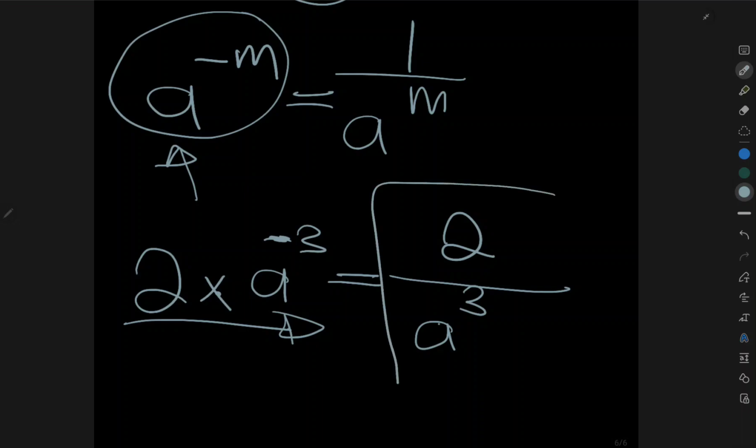So keep in mind, you're probably going to use this more often because in many cases, as I've already stated, when you leave your answers, you need to leave them with positive exponents. In many cases, that's what's stated. And also on that note, let's say we had something like 1 over a to the power of negative m.